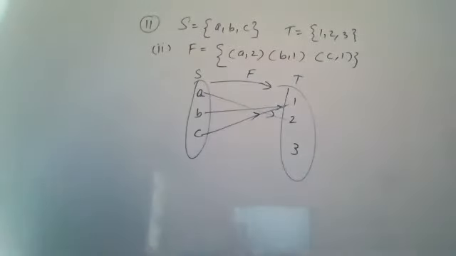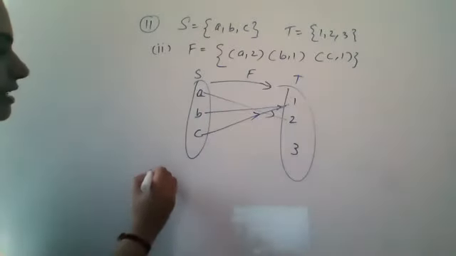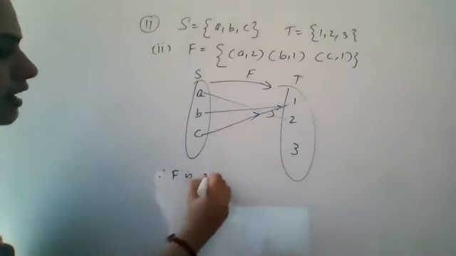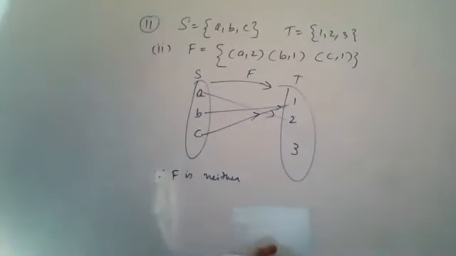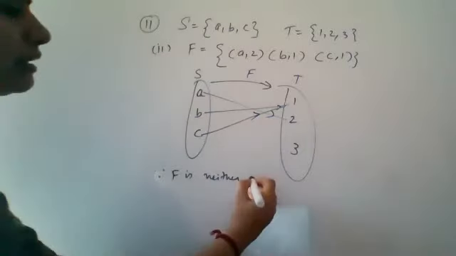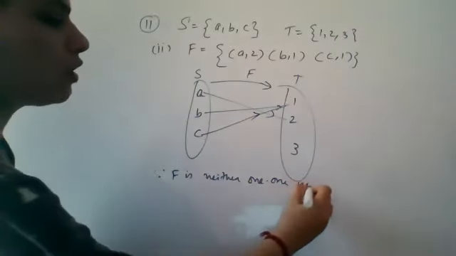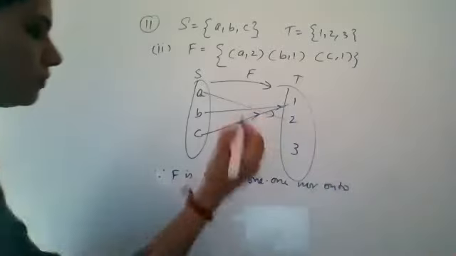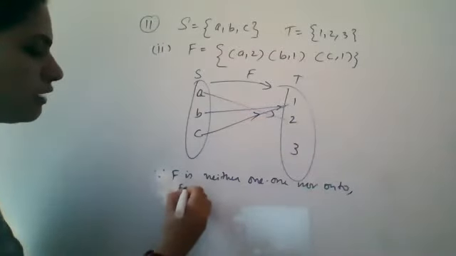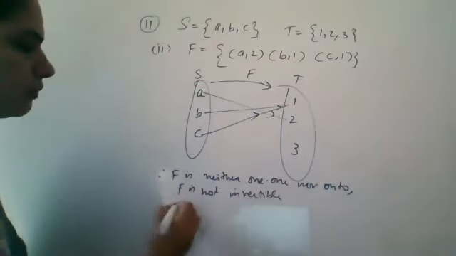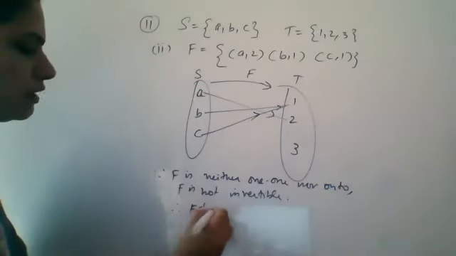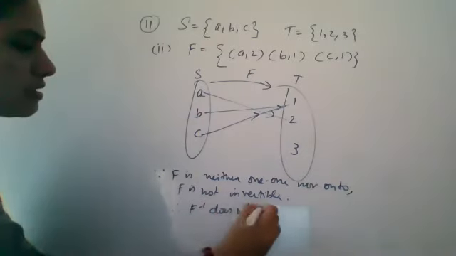So, is it one-one and onto? Is it one-one? No, ma'am. Is it onto? No, ma'am. So, since f is neither one-one nor onto, you cannot say it is invertible. So we write: neither one-one nor onto, f is not invertible. Therefore, f inverse does not exist.